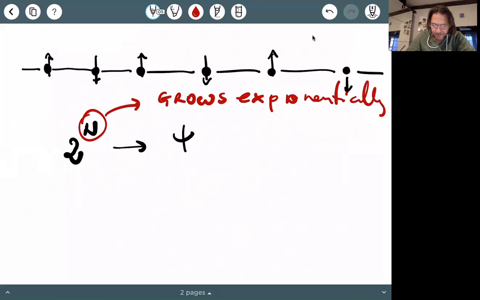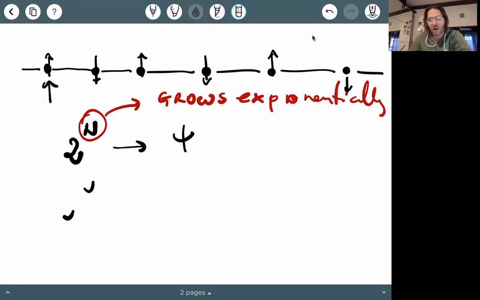And if I have more than two quantum numbers, for instance, orbital angular momentum in each position, suppose I have A possible states in each of these slots, with A greater than 2, then I have A to the n, growing exponentially even faster.